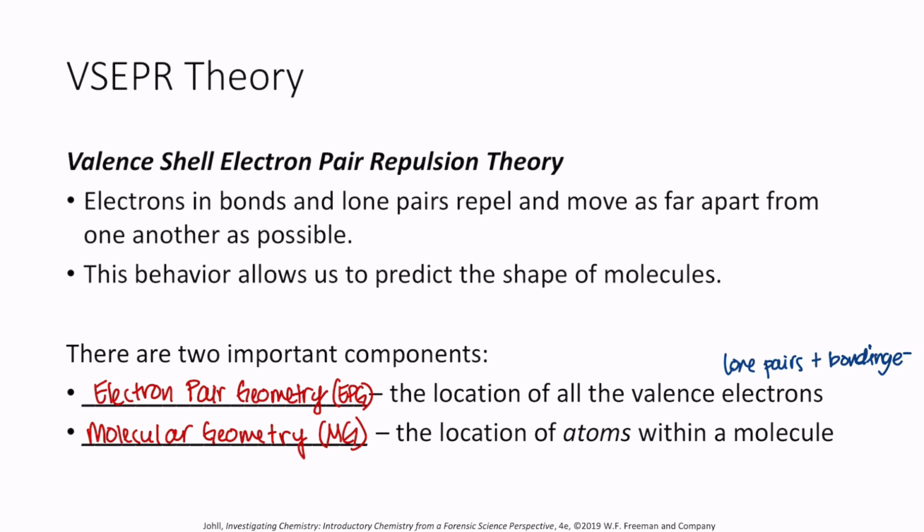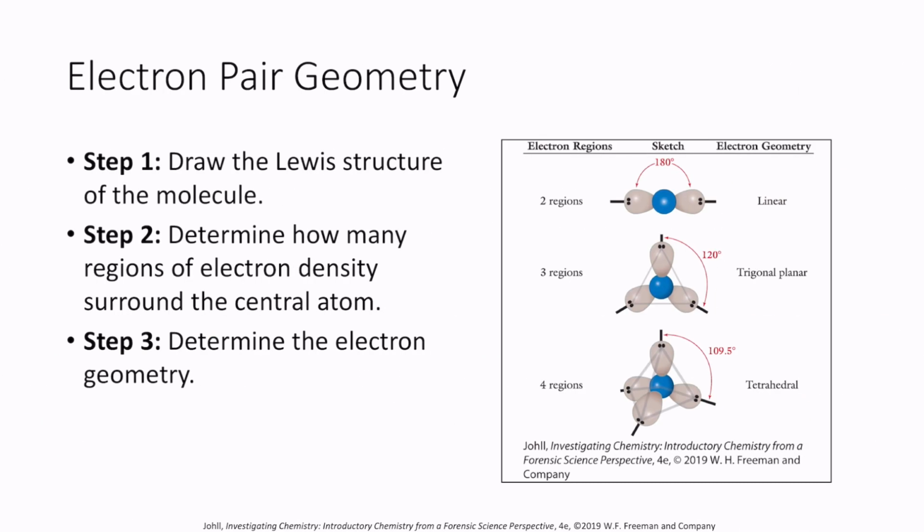To determine the electron geometry and molecular geometry, we can use these steps. This table right here is for determining the electron pair geometry. And you will always be provided this table on one of your quizzes.